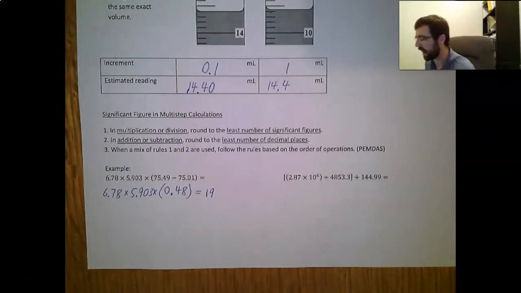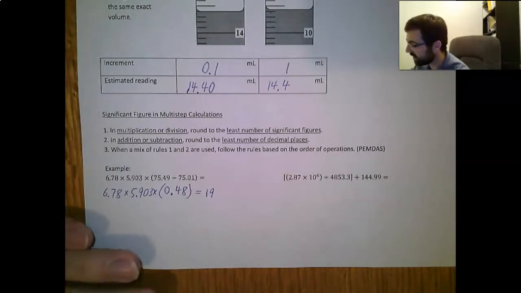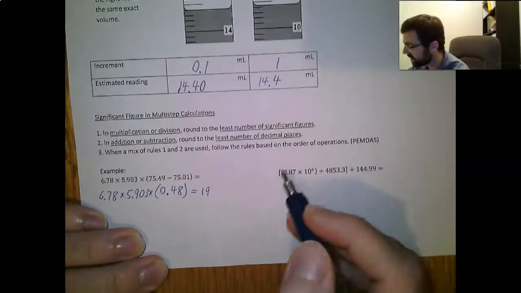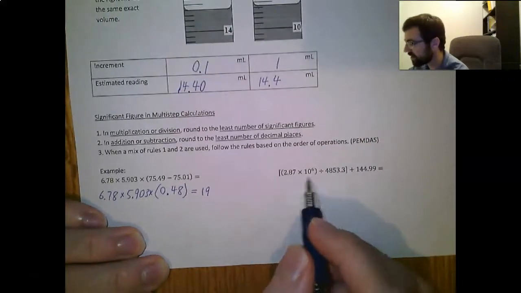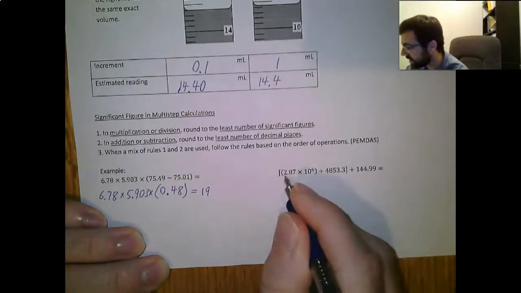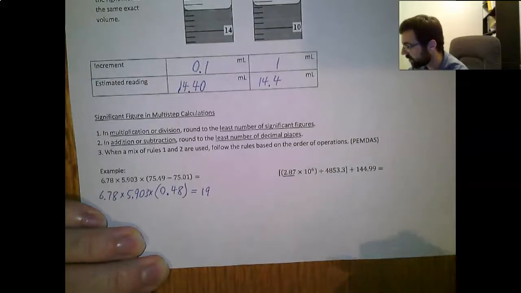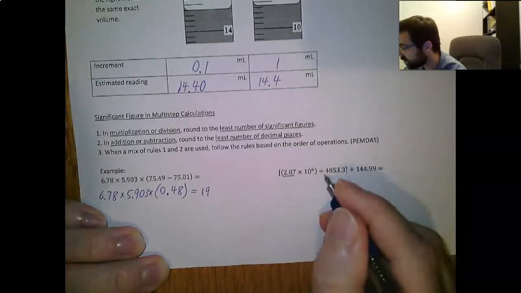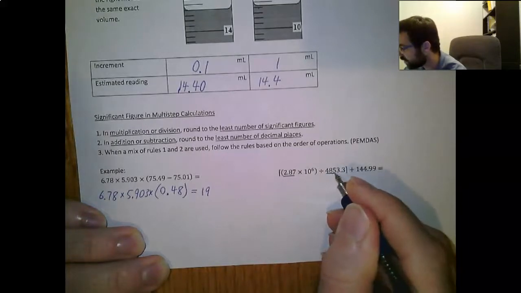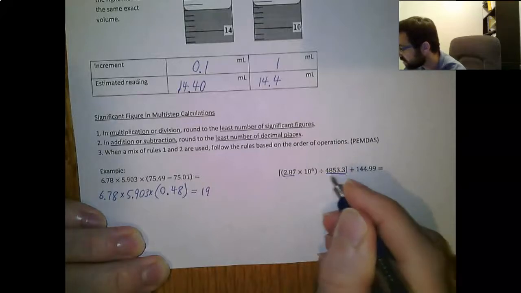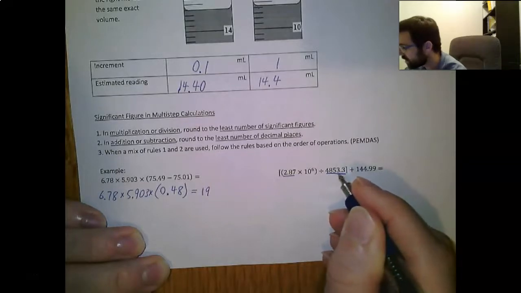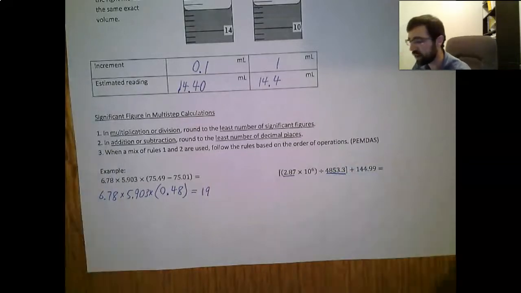Parentheses also includes brackets. We want to start in the innermost parentheses. Now this is actually scientific notation, but it's 3 significant figures. Then I'm going to divide by this, which is 1, 2, 3, 4, 5 significant figures. So I'm going to keep 3 significant figures when I do that operation. Okay.